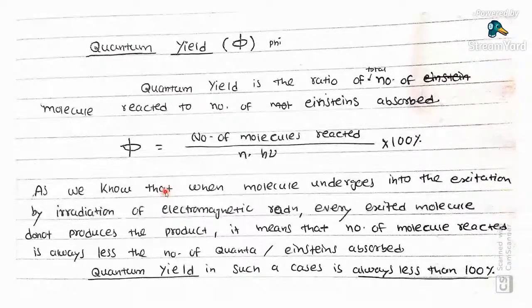It may undergo internal conversion, intersystem crossing, or quenching. So there is very little possibility that it will undergo the reaction. If we say that 10 molecules are absorbing radiation, out of which 2 molecules are reacting, then it is 2 divided by 10 multiplied by 100. So quantum efficiency will always be less than 100 in that case.